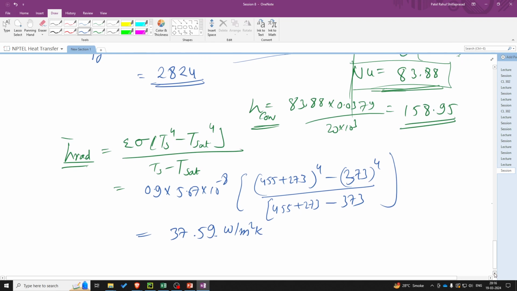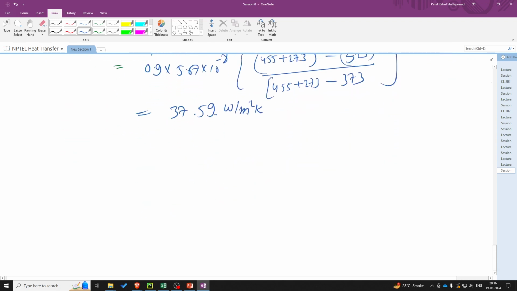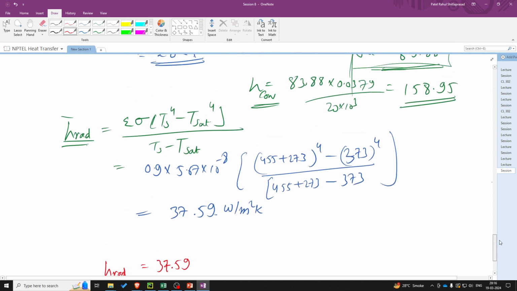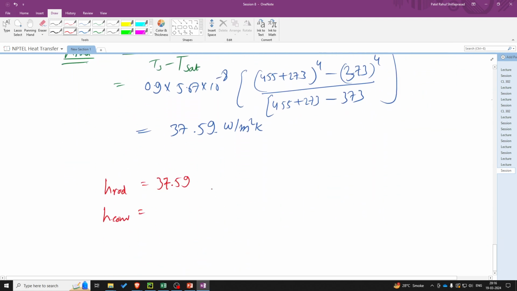So now we have this h radiation as 37.59 as well as h convection around 158.95.